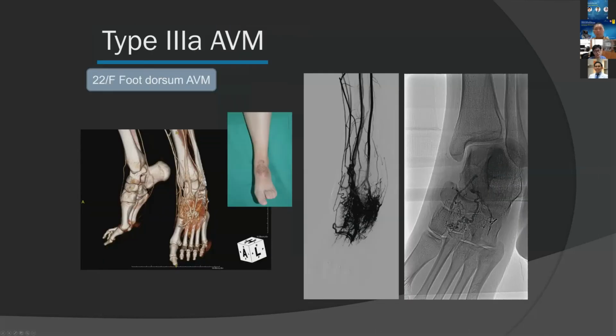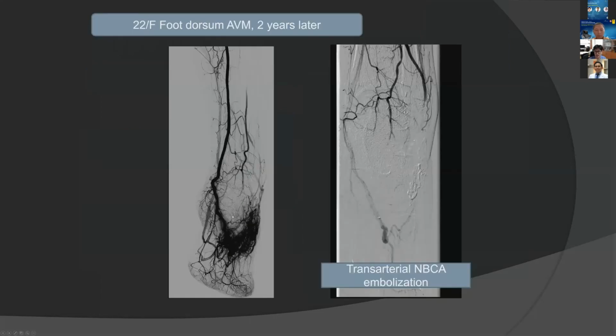This is a type 3A AVM. After transarterial glue injection, the patient received a flap operation, and 2 years later the lesion recurred and additional glue injection was performed.